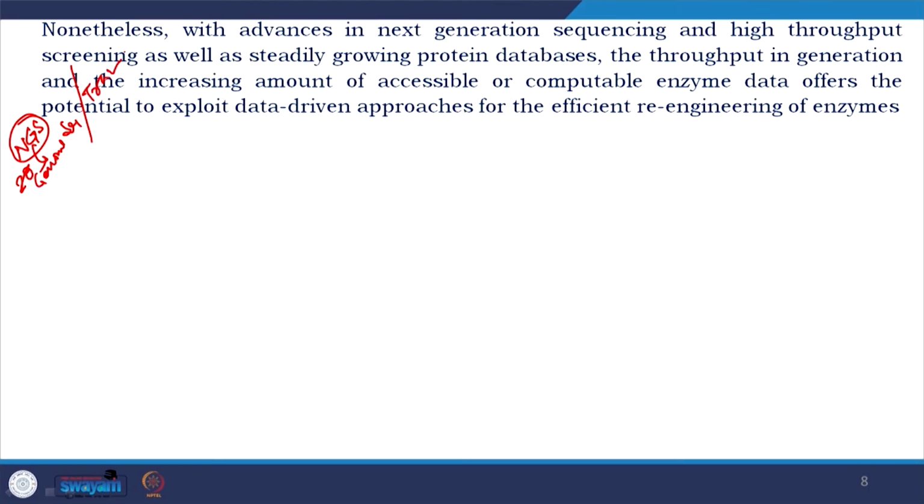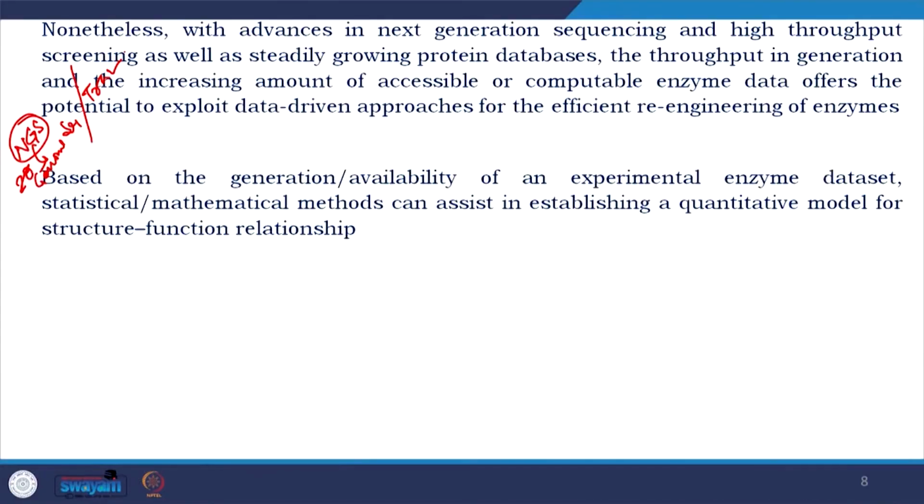You could get all possible information from sequencing, and those data, along with the existing structural data of nearly 2 lakh structures, is helping us move more towards prediction and taking help of machine learning.